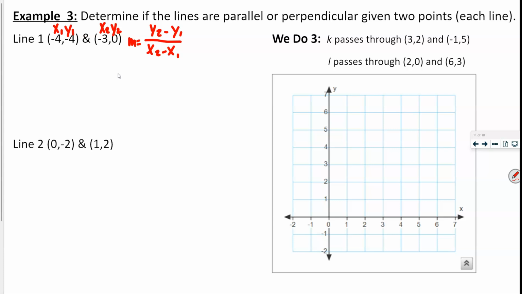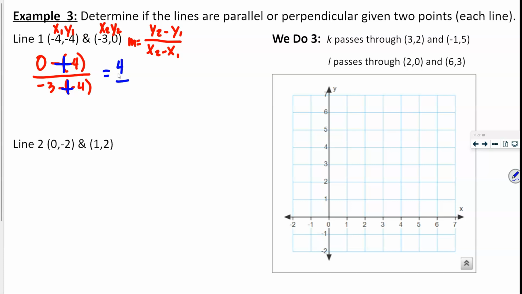Okay, so what we're going to do is we're going to go 0 minus a -4 over -3 minus a -4. Now, when you have a minus, what does it become, everyone? A plus, right? Okay, so that's going to give us 0 plus 4, so this is actually going to be 4, right? And then this is going to be -3 plus 4.